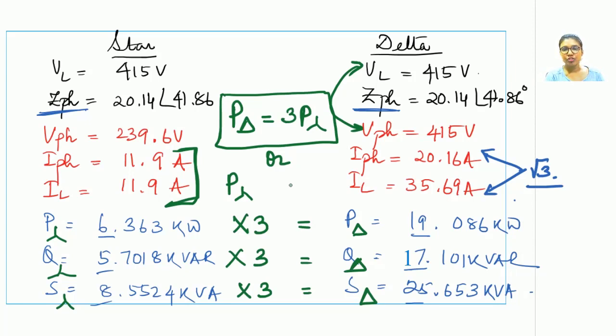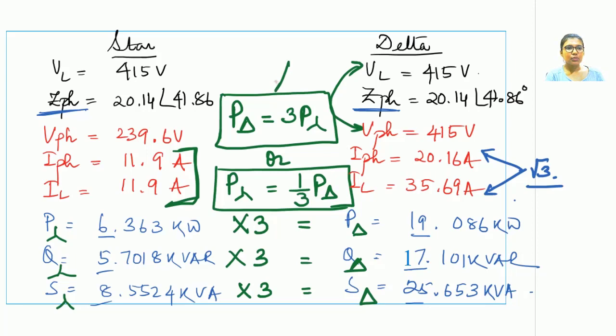That is not changing. When we are transforming from delta to star with the load values remaining same, the powers of the star side would be 1 upon 3 times the power obtained on the delta side. So this expression one can remember, and when questions of these manners are being asked to you, instead of solving the power on the delta side, one can directly multiply 3.